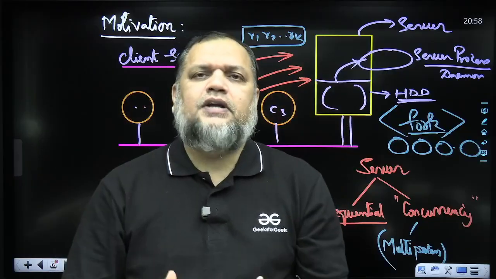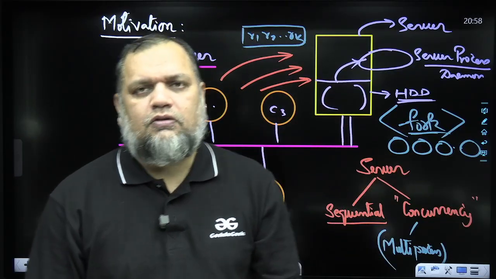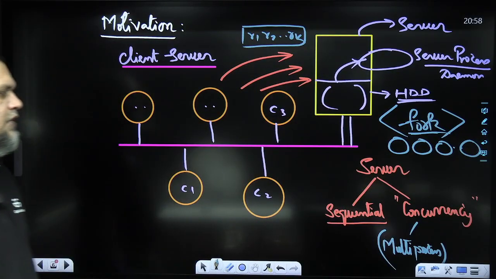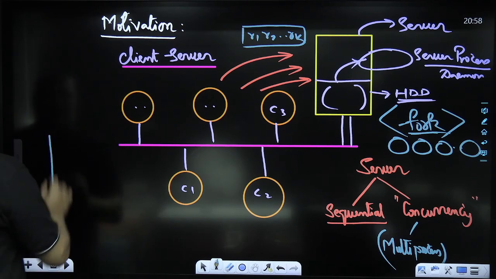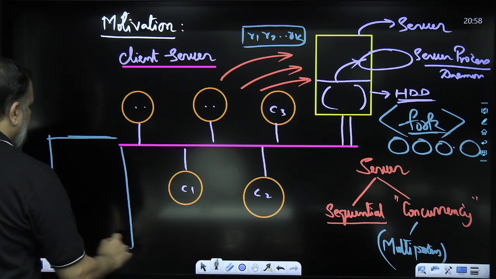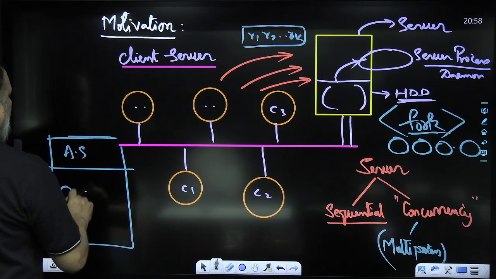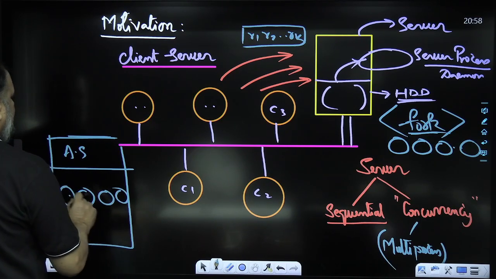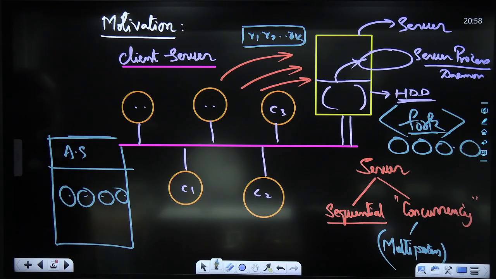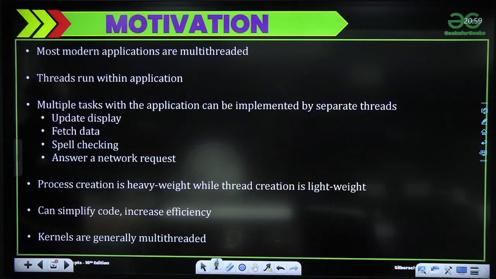And this was the motivation for the evolution of multi-threading, right? Instead of having n copies of address space, can't I have an architecture which will have only one copy of address space to be used by all child processes? This was the basic motivation for the evolution of multi-threading.